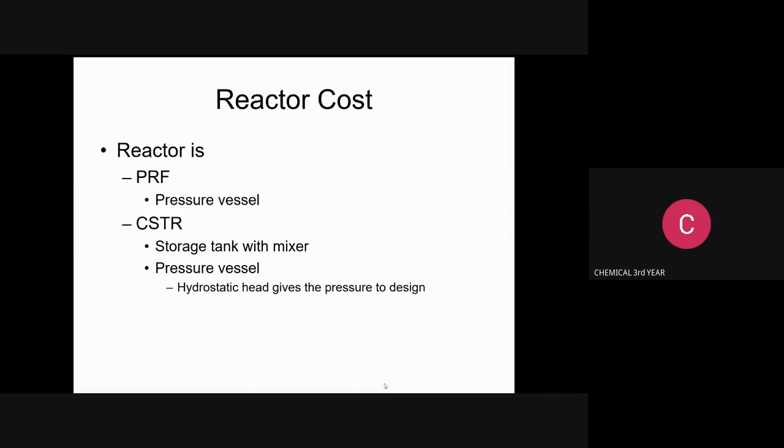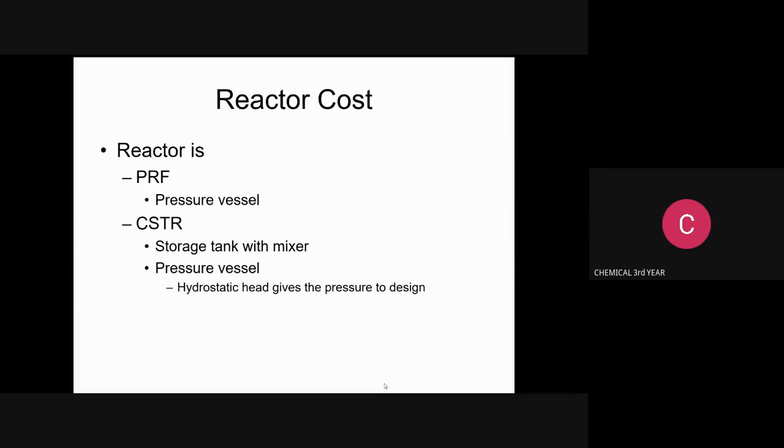Likewise, in the CSTR, the continuous stirred tank reactor, the pressure vessel also plays a major role. What is that? The hydrostatic head gives the pressure. Simply, I can say that the pressure for the CSTR is given by the hydrostatic head of the equipment.